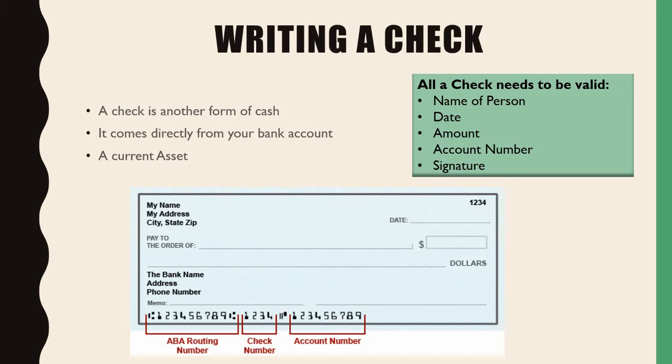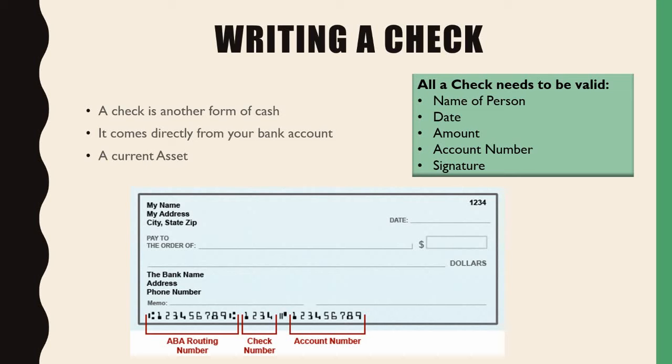Of course, a check looks pretty much like this: you've got your name, your account number at the bottom. Other things you need to include are definitely the date and the amount. Plus, the number one thing you need to have is your signature. Very, very important.